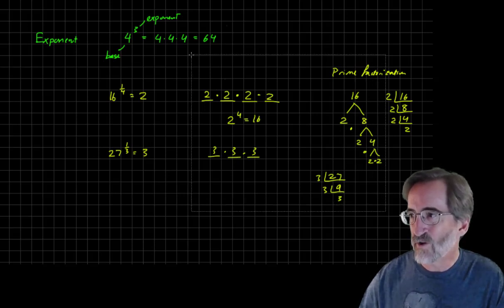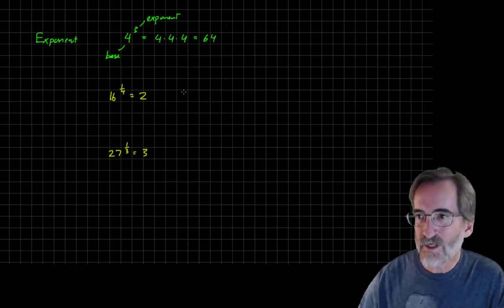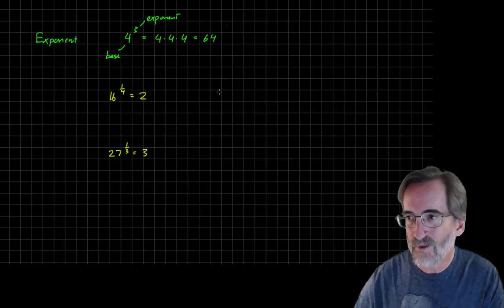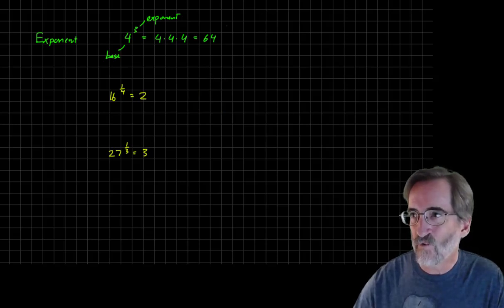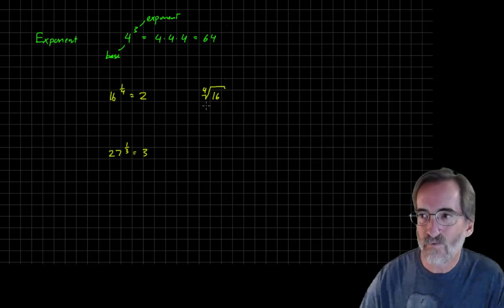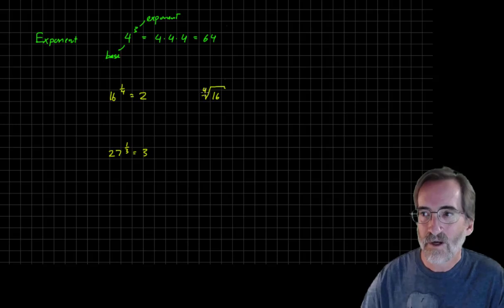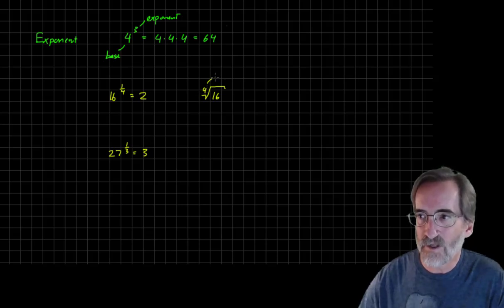Now that said, there's another way to write the same problem. 16 to the 1/4 can also be written as the 4th root of 16. This is known as root form of the same problem. The 4 is called the index.